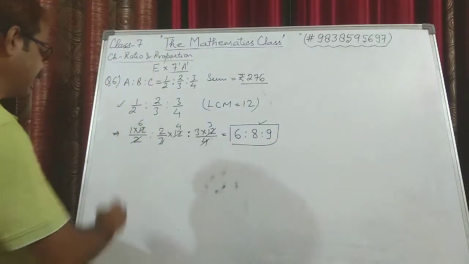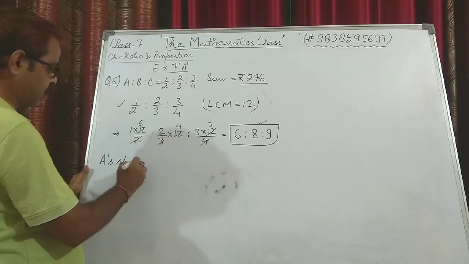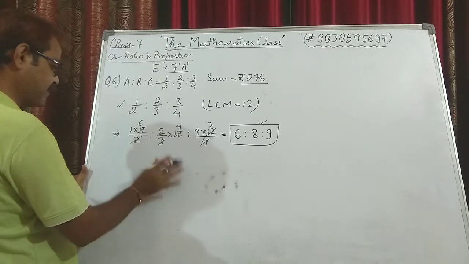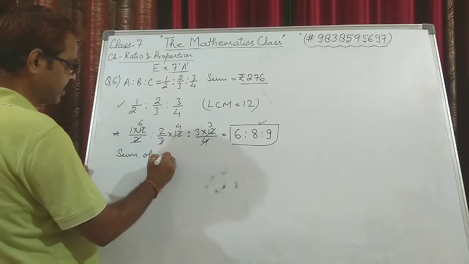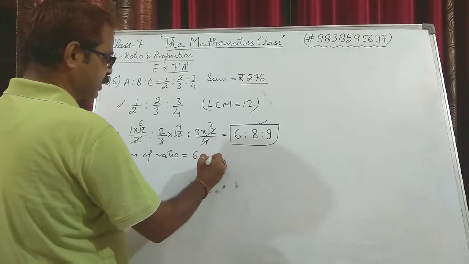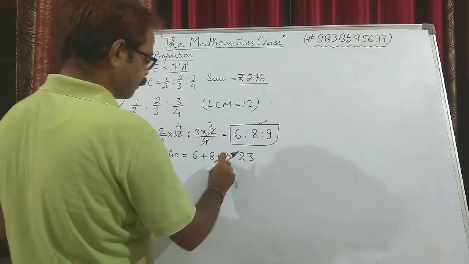Now we will find A's share. Before finding A's share, we will find the sum of the ratios, meaning the total. So 6 plus 8 plus 9, that is 23.